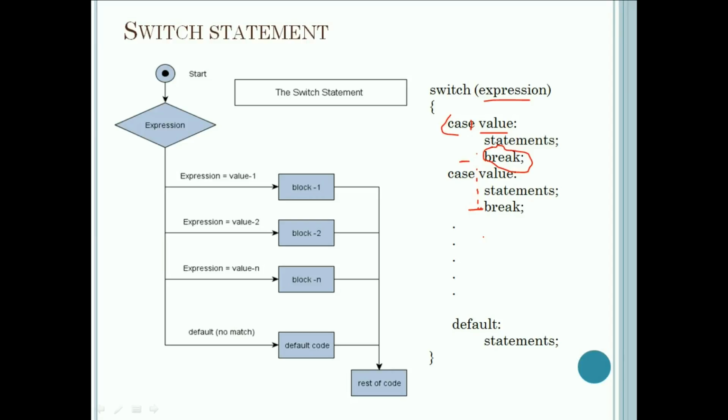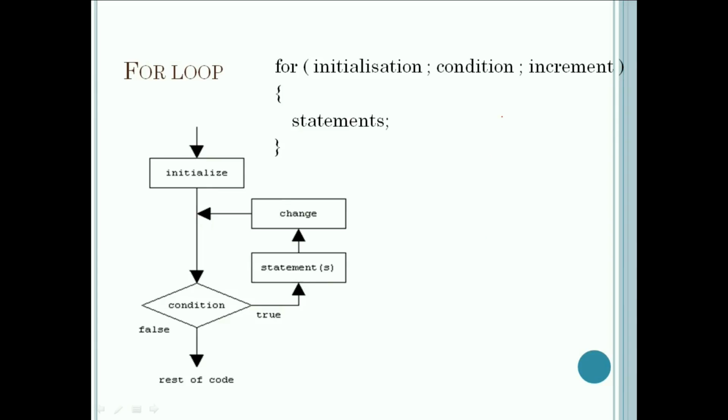Okay, then next is the for loop. As you can see from the flow chart, we start the for loop. The first thing we have to do is initialization. Then there is a condition. If that condition is false, then we go to the rest of the code.